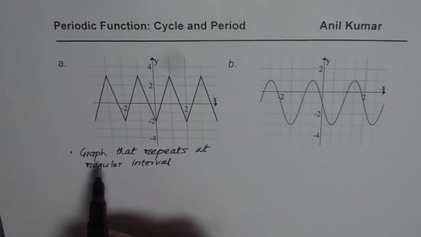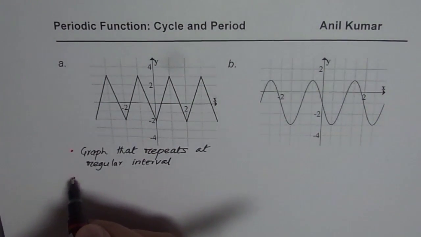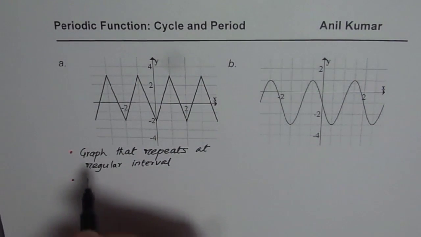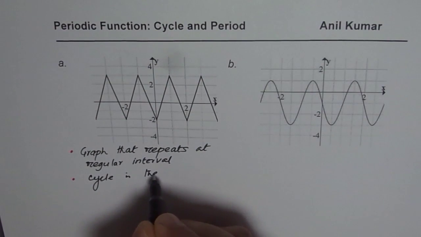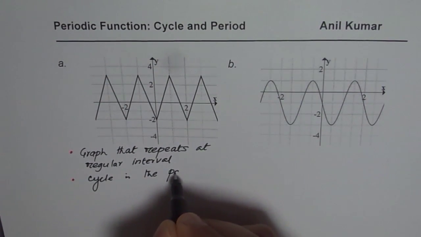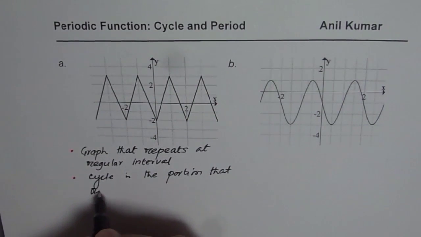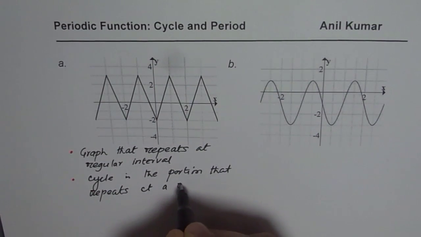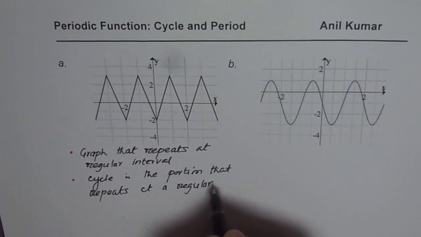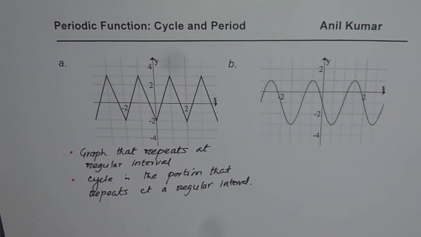Now when we say graph that repeats, then we are actually talking about two things, right? So graph that repeats is called a cycle. So cycle is the portion that repeats at a regular interval. Now when we say regular interval, that is what we call as a period, right?